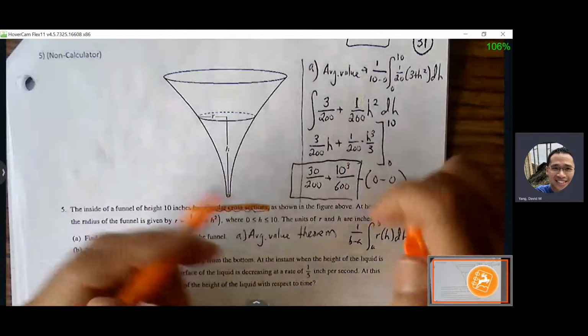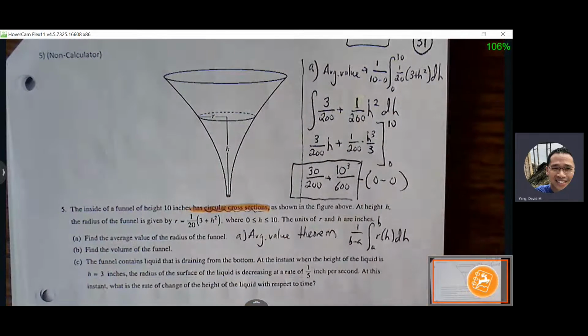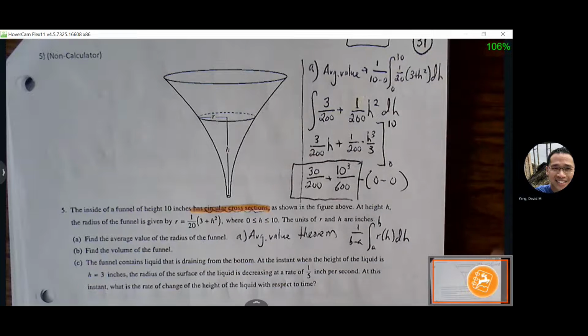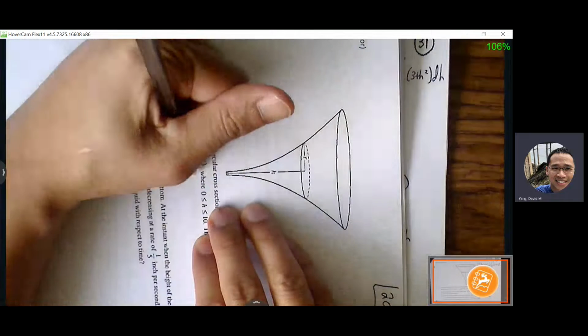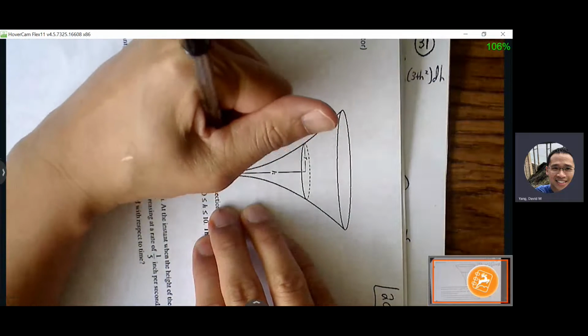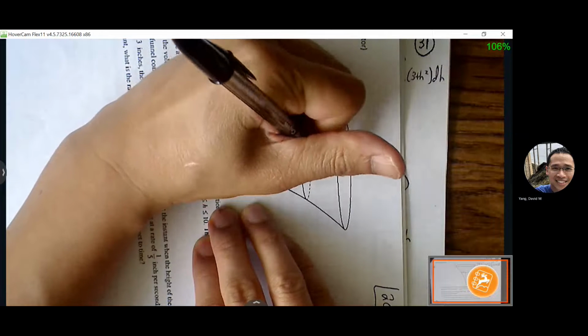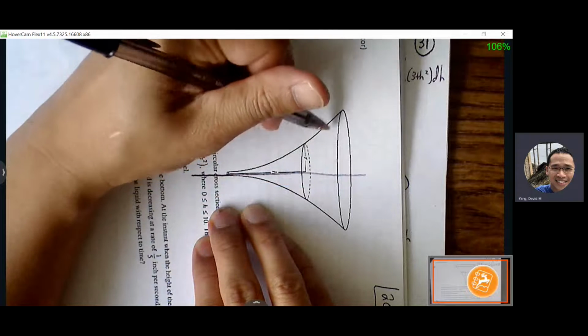Circular cross section. And the reason why it's so difficult is because in order to see things a little better, we really need to kind of turn this shape sideways. Okay. If we turn the shape sideways, imagine this is the axis. Imagine that this is the curve.